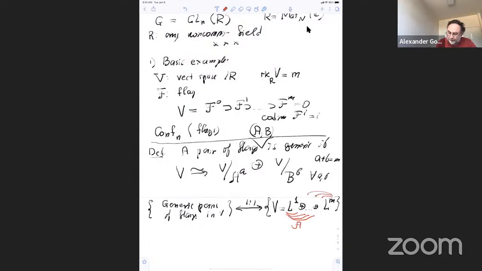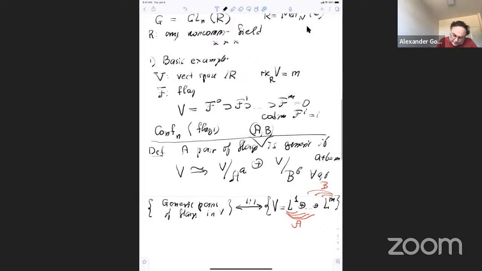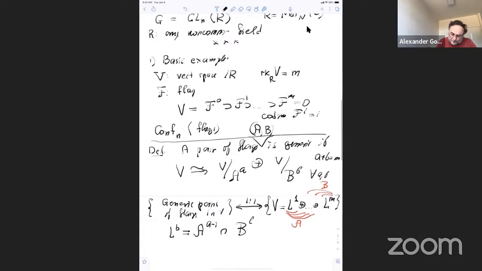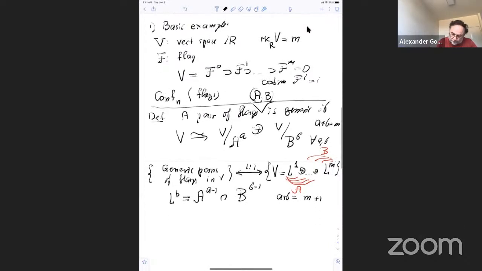This way you get the flag A, and this will get the flag B. And if you go from flags to decompositions, then you just write a formula that this L_B equals the intersection of A minus 1 with B minus 1. And then you get a direct decomposition. So here you have to assume that A plus B is M plus 1. Okay, so the statement is proved. A pair of generic flags is the same thing as a decomposition into a direct sum of one-dimensional subspaces.